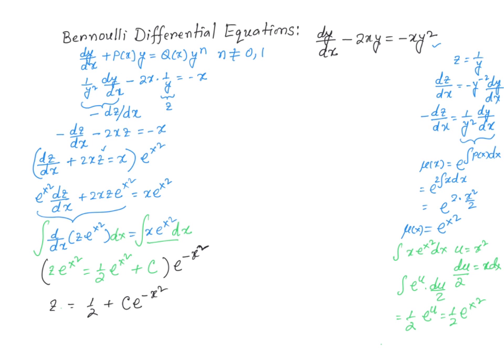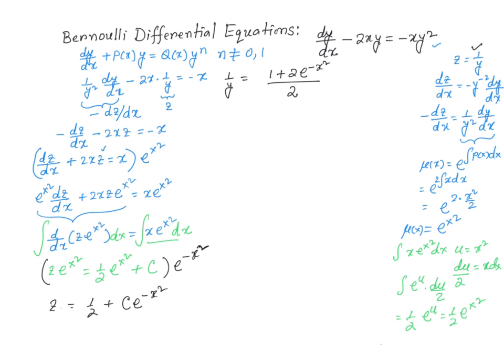If I simplify it further, I get the following. z is actually nothing but 1 over y. So it's 1 over y is equal to 1 plus 2c times e to the power negative x squared, I'm just simplifying the right hand side, divided by 2.